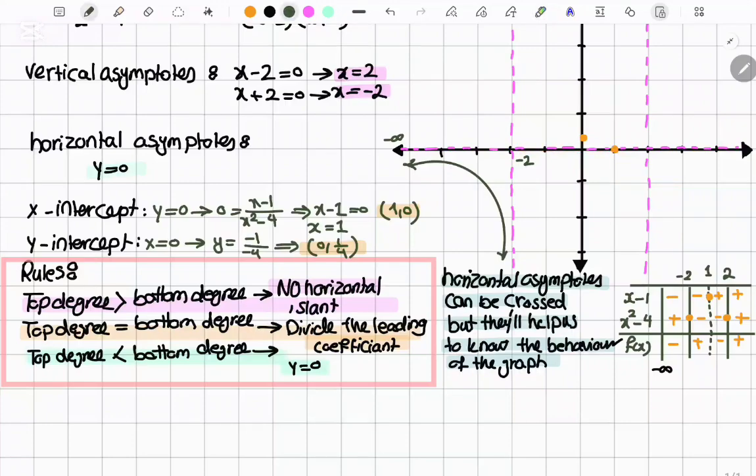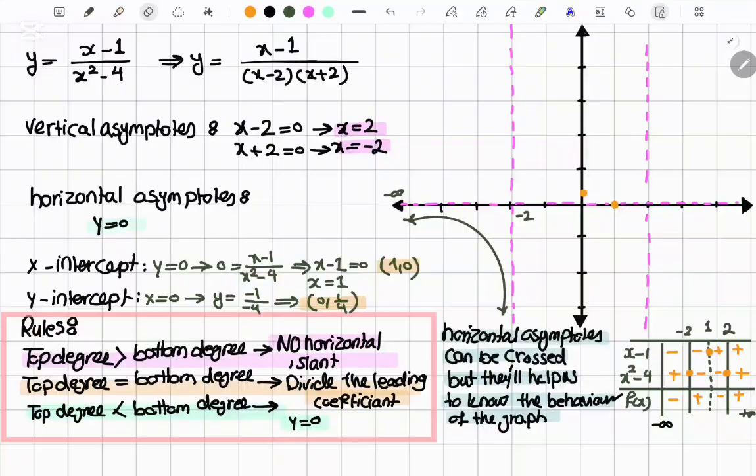positive. So that's what I'm going to have. Okay, so as I said, from -2 to 1, the graph is on the positive side. So I'm going to have this. The graph is going to get so close to the asymptotes. Okay. And then from 1 to 2, which is this small section over here, the graph is on the negative side.